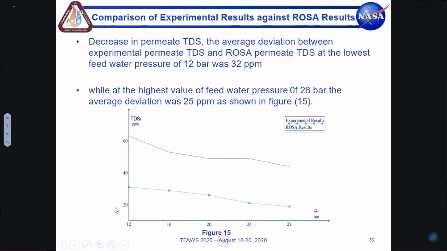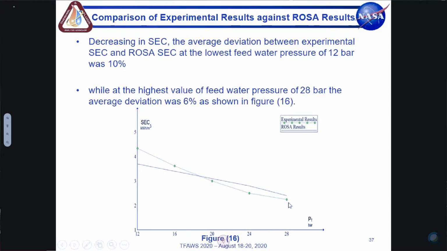Also, when we compare here the decrease of the total dissolved solids, the average deviation between the experimental permeate total dissolved solids and the ROSA permeate total dissolved solids at the lowest water pressure is about 32 parts per million, and at the highest it's about 25 parts per million.